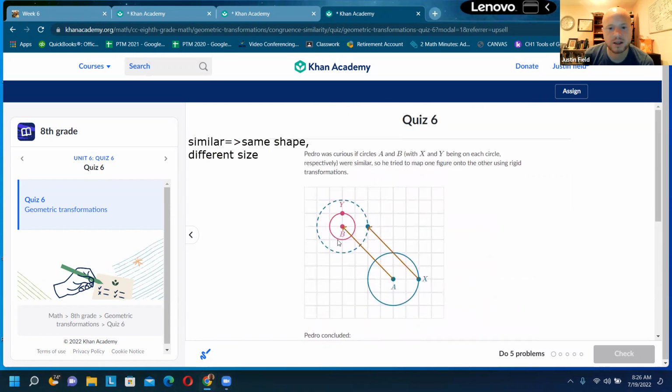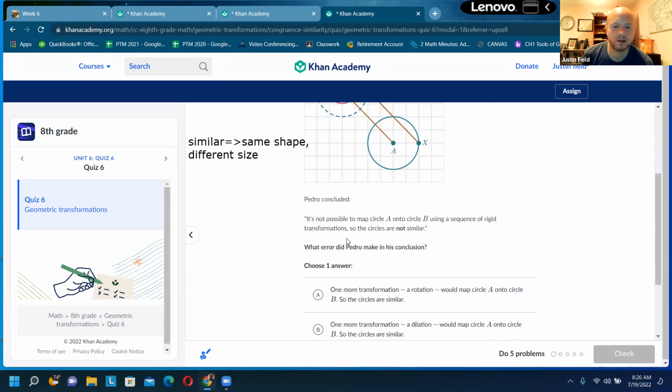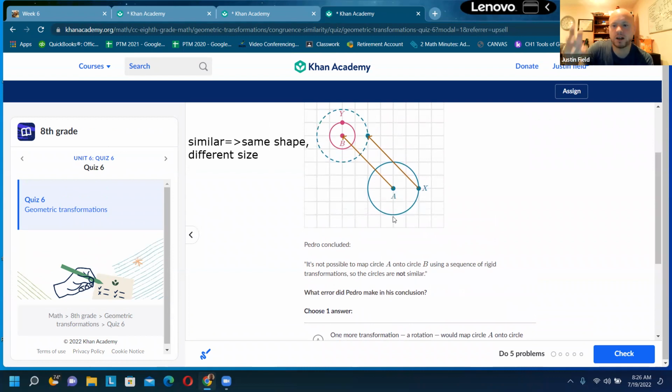What? Can't map circle A onto circle B? So one more transformation. All you've got to do is shrink circle A and it'd be circle B. And similar means same shape, different sizes. They'd still be circles.